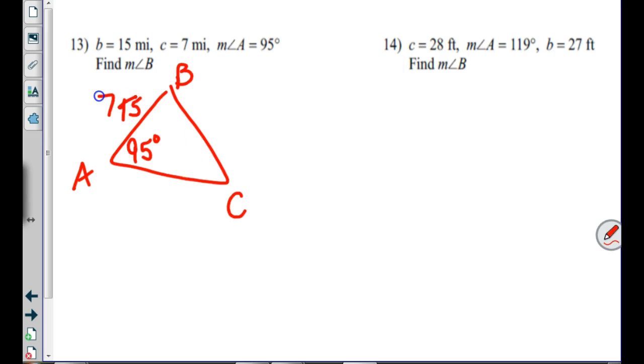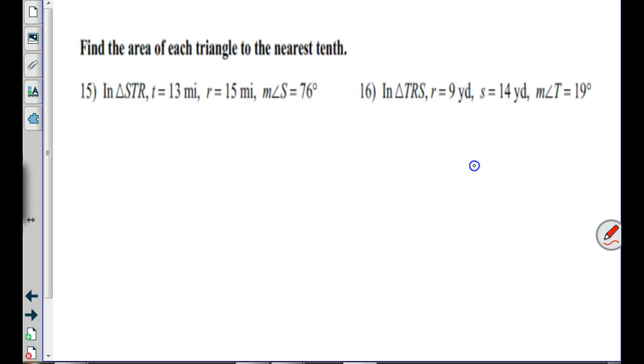This was supposed to be 7. This was 15. Yeah, you do law of cosines to find this side, and then you could do law of sines to find angle B. I don't think there's one that you have to do in 2 steps like that, so I'm going to skip that one. I was hoping though.